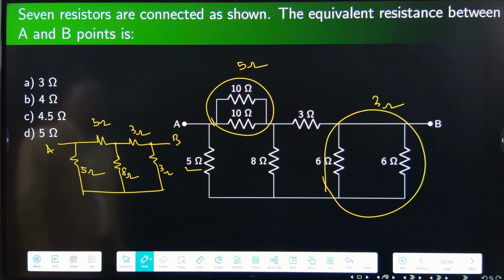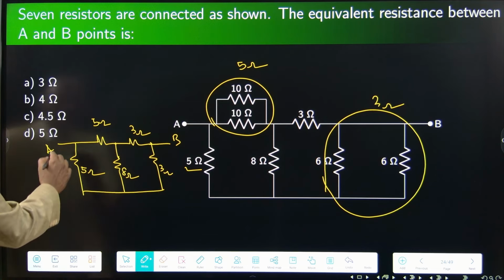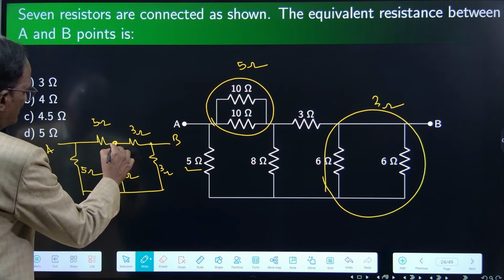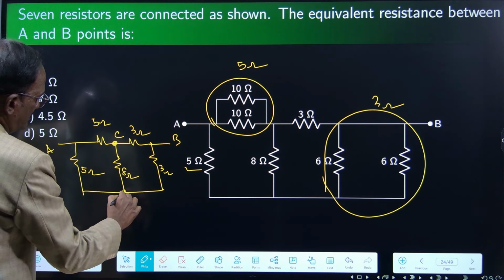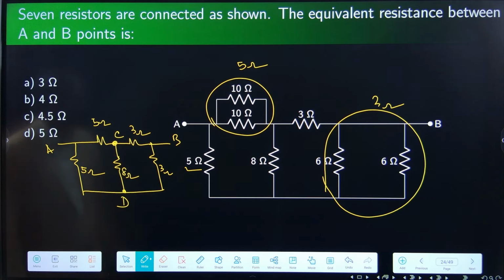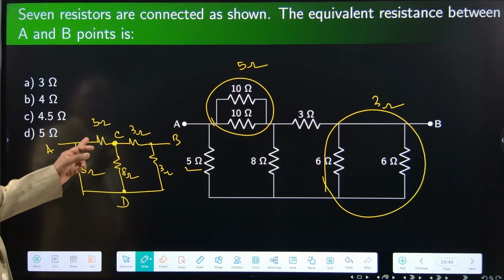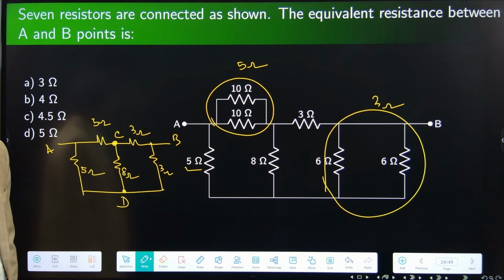Then how to solve it? Once again you look for whether a Wheatstone bridge arrangement is coming. A, B are 2 nodes, this is another node C, this is another node D, 4 nodes. How many resistors? 1, 2, 3, 4, 5. 5 resistors, 4 nodes.